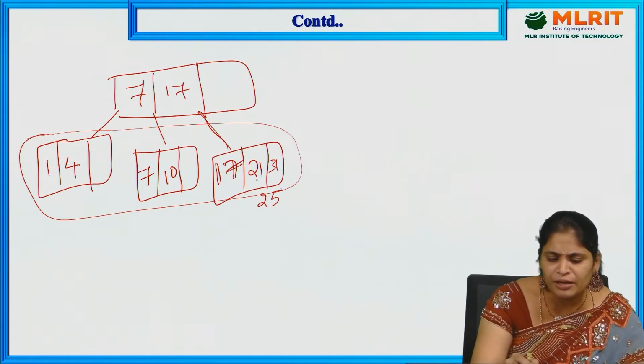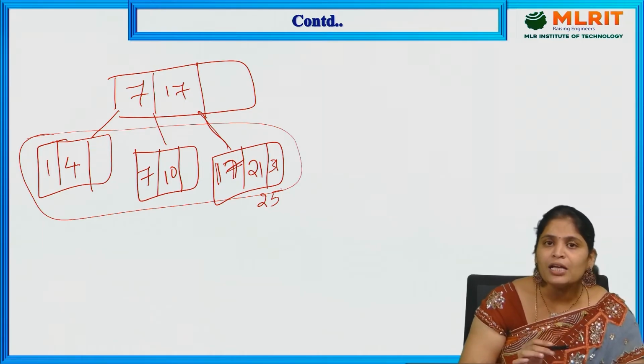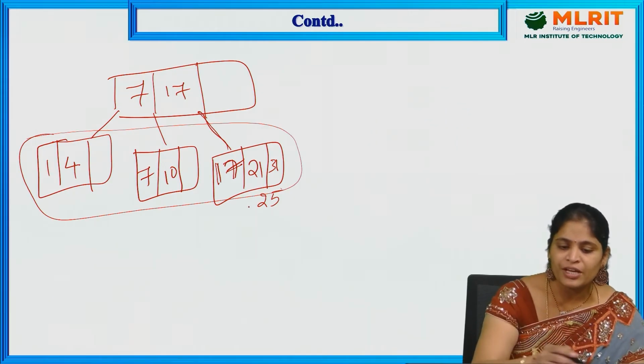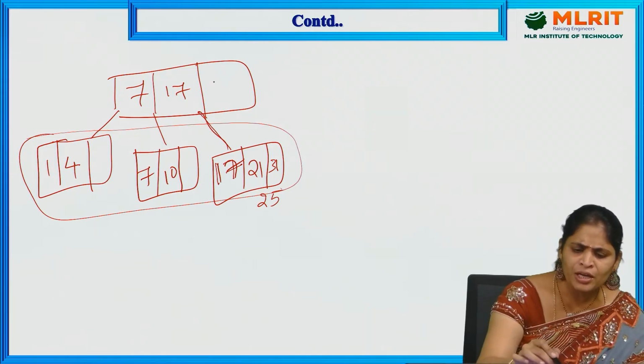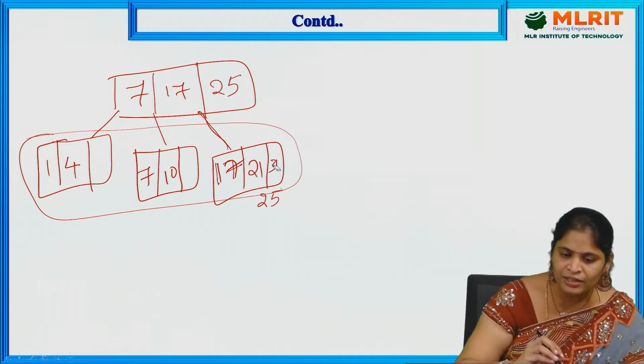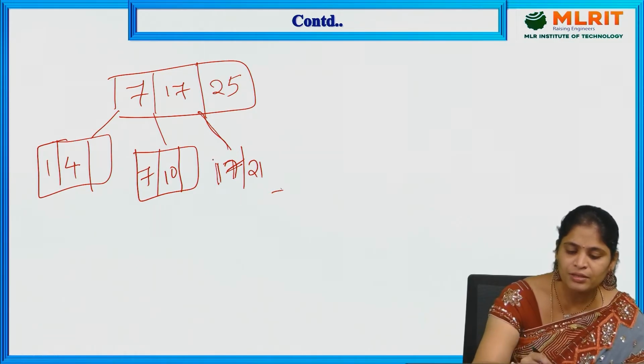What is the middle elements here? 21 and 25. These two are the middle elements, right? So here I have chosen already right biased. So 25 must be shifted up. Okay. So after shifting 25, then I can split the node like this.